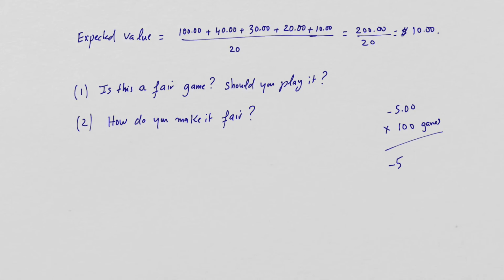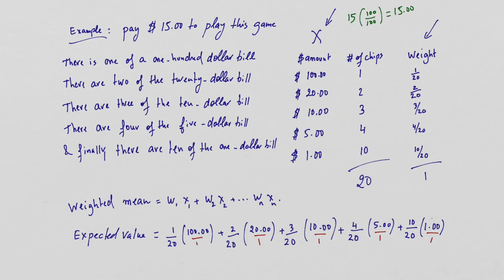So you're expected to leave with a hole in your pockets. You're expected to lose $5 every time you play, even one game. Notice what I do, make sure you listen to my words. I said you are definitely paying $15 with 100% certainty if you choose to play.